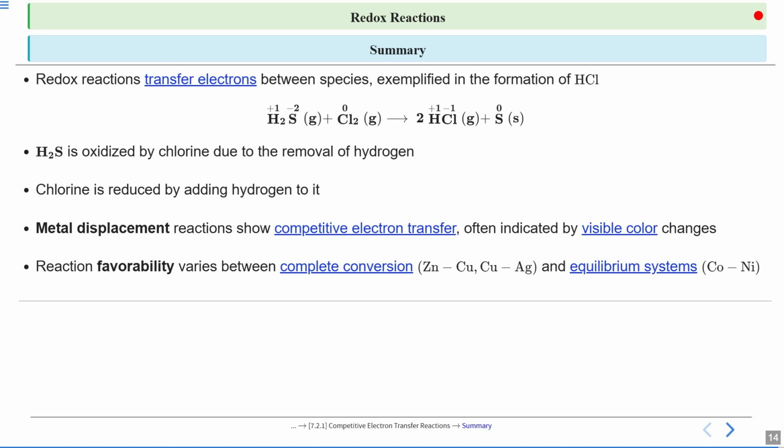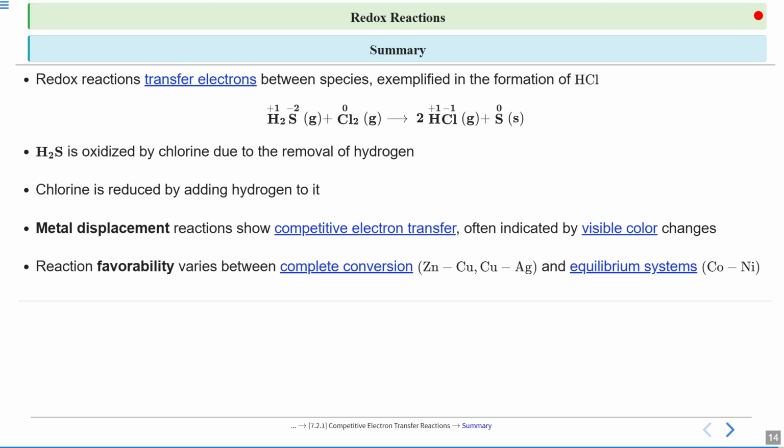In the case of zinc-copper and copper-silver, the reactions tend to go to completion. What does this mean? Nearly all the reactants were converted to product. And we understood this while we were doing the examples.